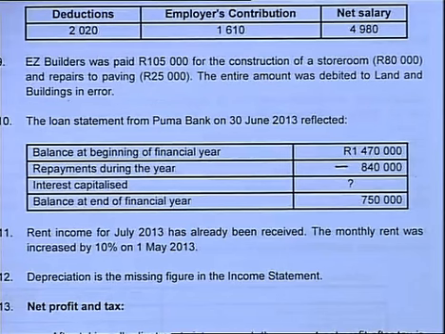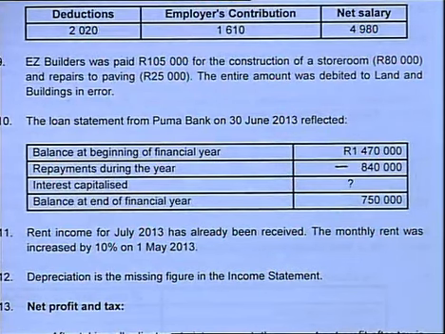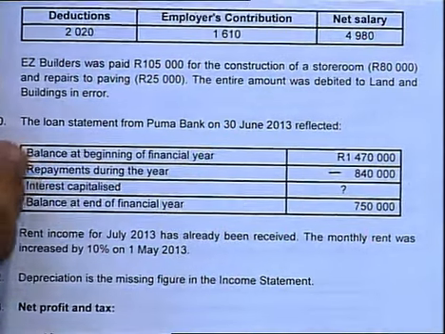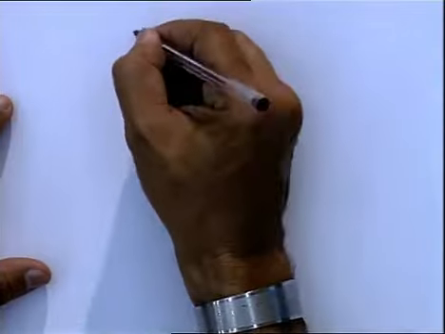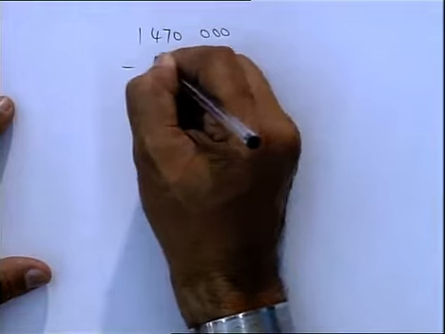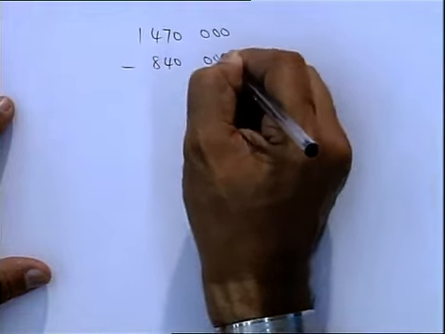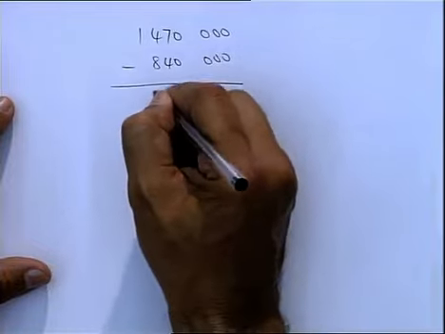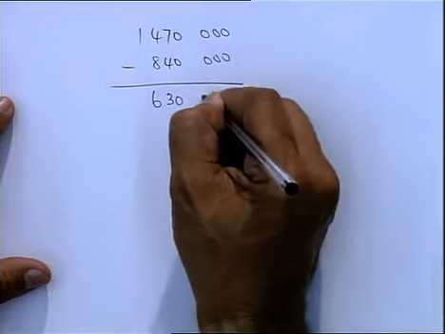So if I use my calculator, 1,470,000 minus 840,000, the balance of the loan should be 630,000.